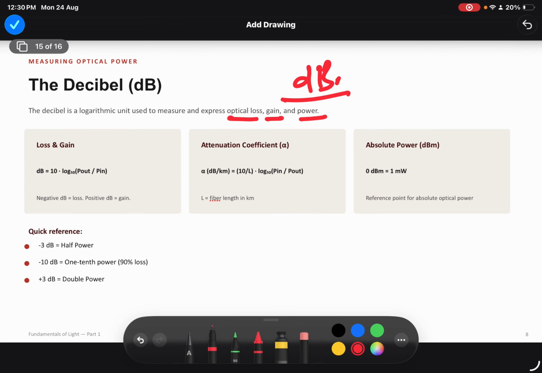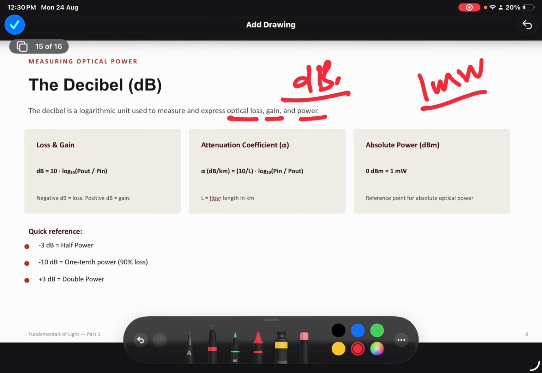This is a two power level comparison. dBm is an absolute unit representing actual optical power, and it is always with reference to 1 milliwatt of power.